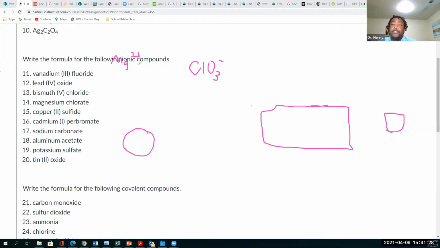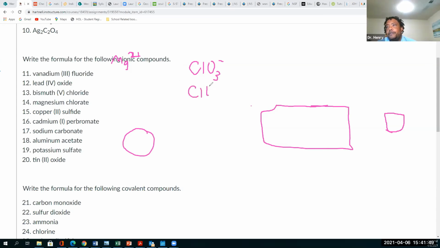Is that going to equal 0? No. So how many chlorates am I going to need? Just 1 more, right?